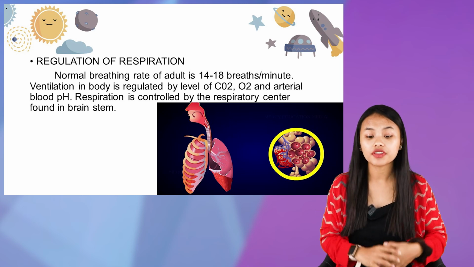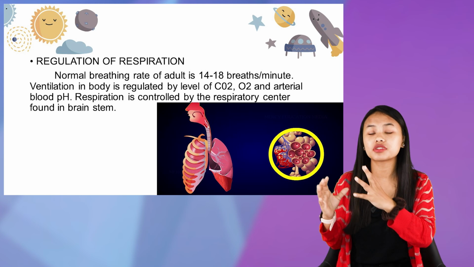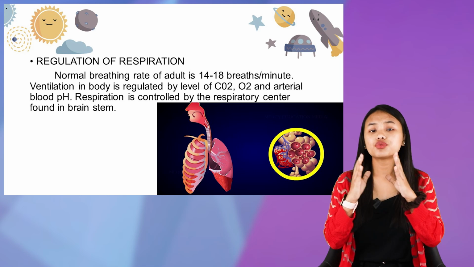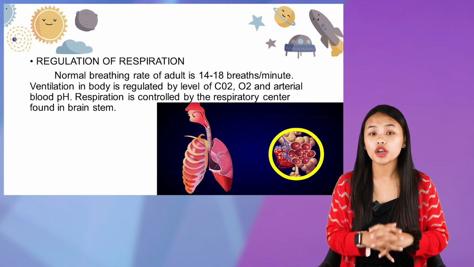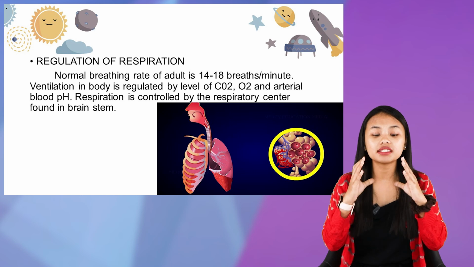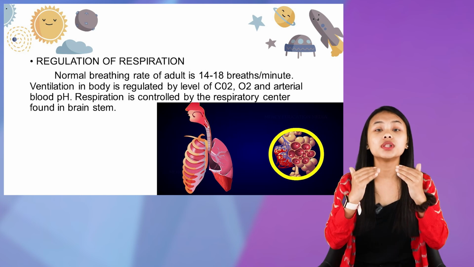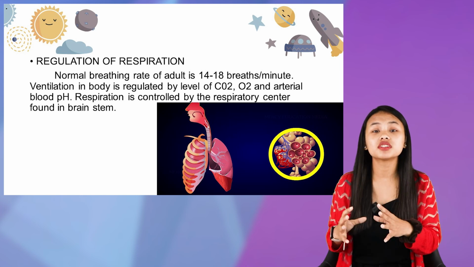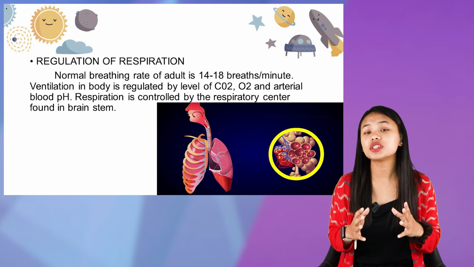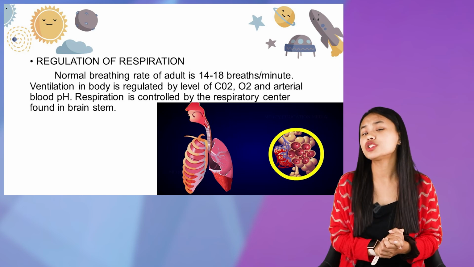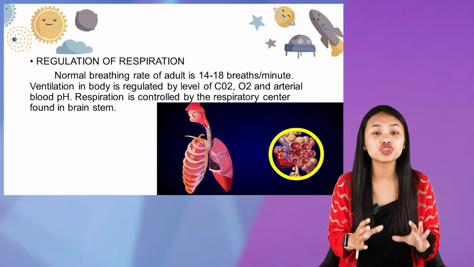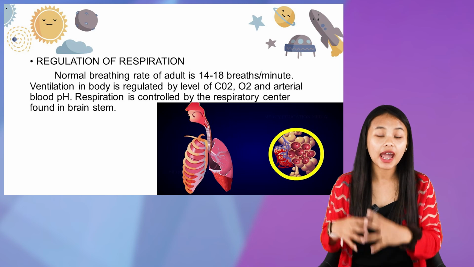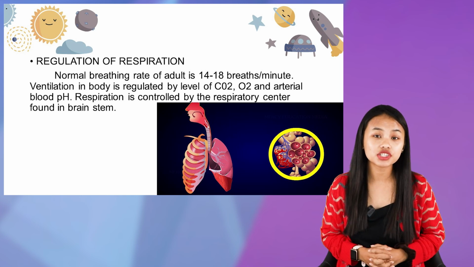So here, as I've said, respiration is controlled by the respiratory center, which is present in our brainstem, right? So what happens is that these respiratory centers will increase the rate and the depth of respiration, and this will lead to removal of carbon dioxide from the body by the process of exhalation, and then this would lead to an increased oxygen level, which would then lead to oxygen consumption in the cells, which would further lead to increased carbon dioxide in the blood, and again this will send a signal to the respiratory center.